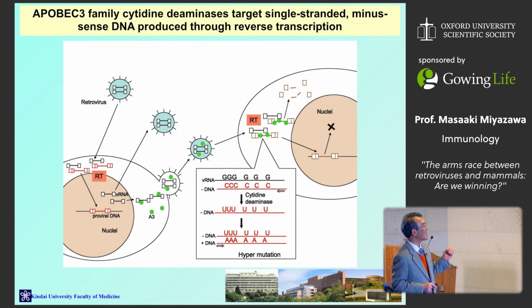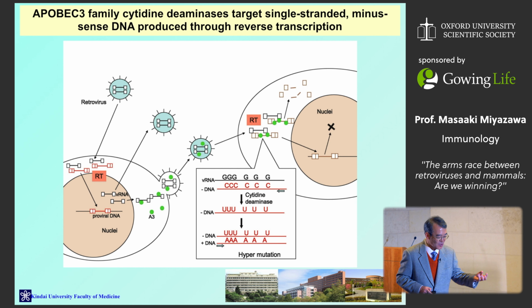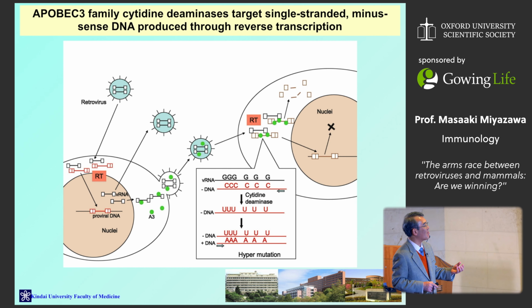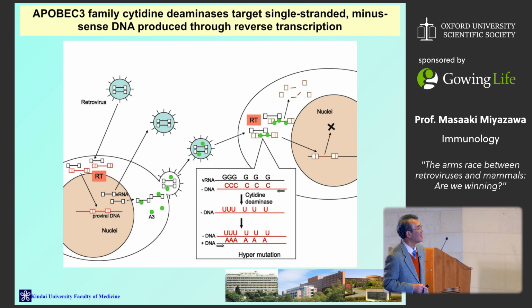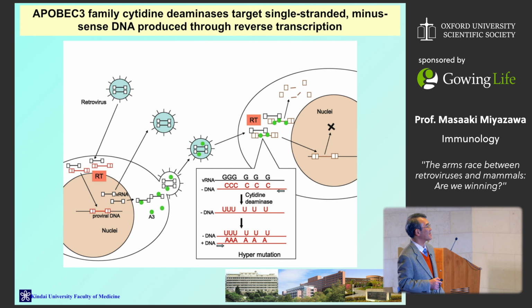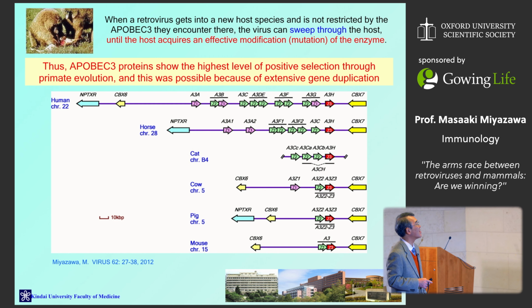So it causes the mutation from G to A at a very high frequency. And when G is substituted to A, it causes an amino acid substitution and the protein is not functional, or it causes the insertion of stop codons in the positive strand DNA sequence. So this is how ApoB3 works to fight against the retroviral infection.